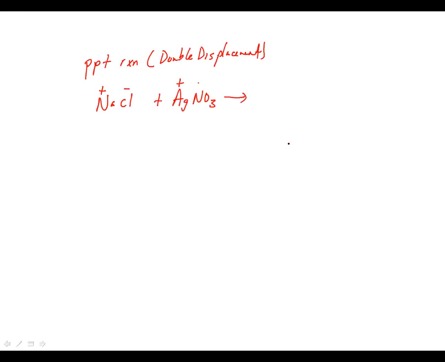Our sodium is positively charged, our chlorine is negatively charged, silver is positively charged, nitrate is negatively charged. And this is a classic double displacement reaction. Our two positive guys are going to basically switch partners. And when they do, the sodium will hook up with the nitrate, which is sodium nitrate when they come together. And that will make something that's aqueous.